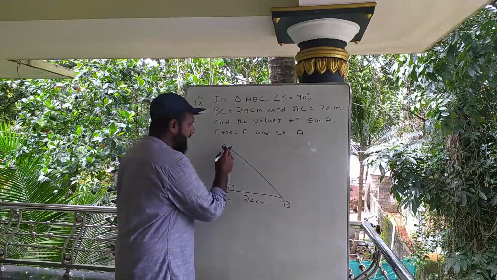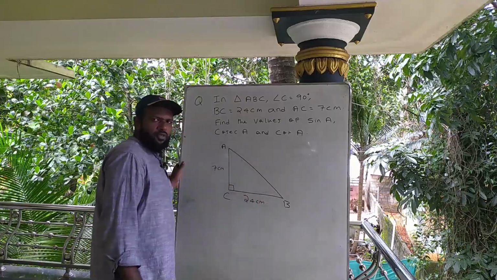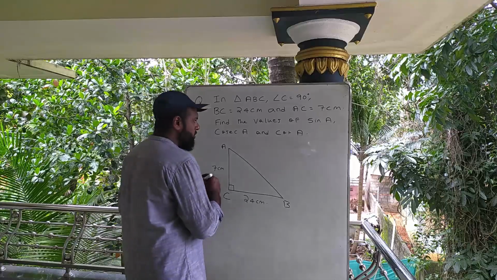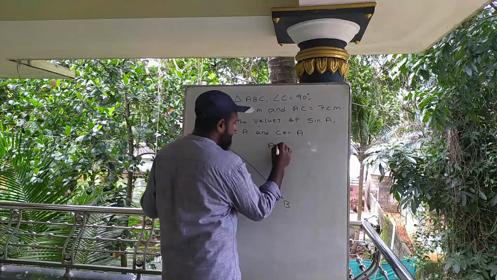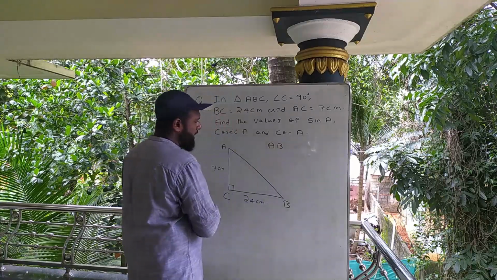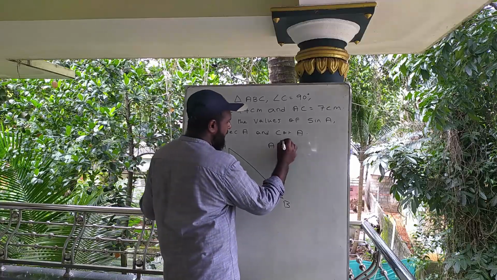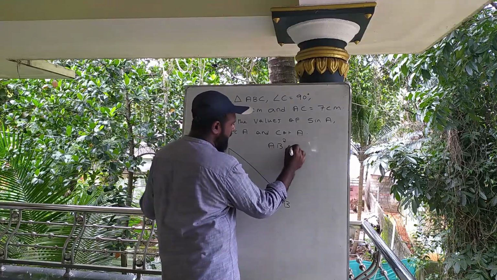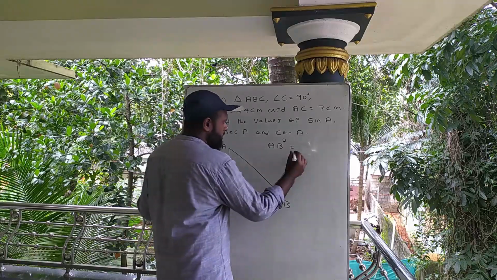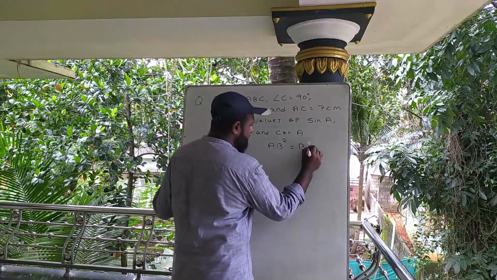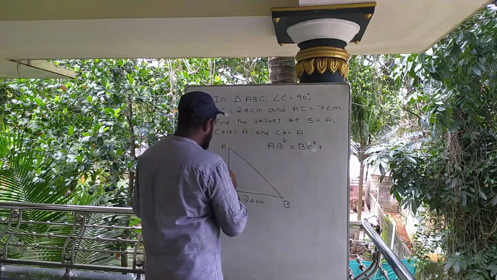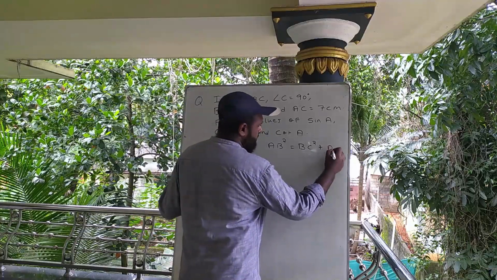To find AB, we have to use Pythagoras theorem, that is hypotenuse square, that is AB square equal to base square, that is BC square plus AC square, altitude square.